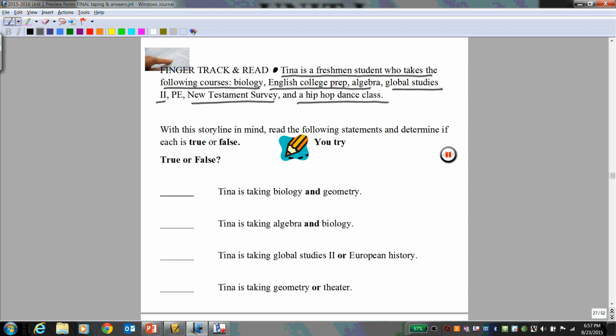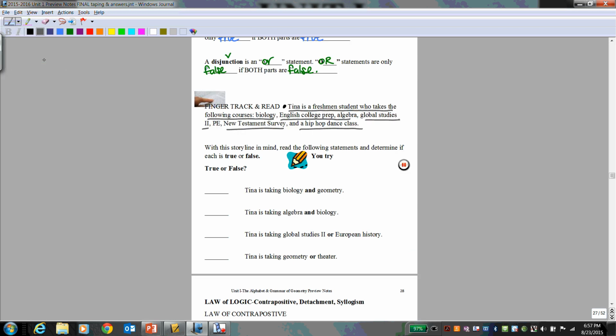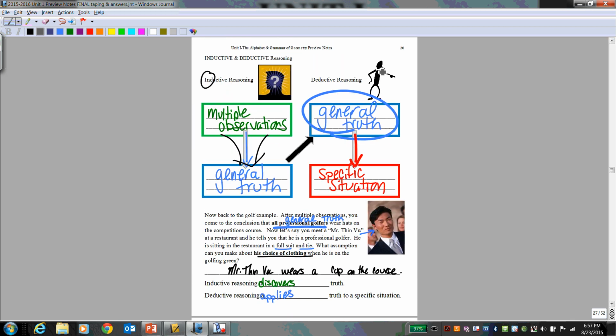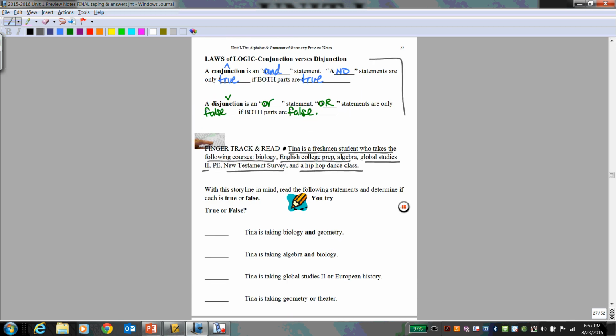Ready? Knowing what you know about conjunctions and disjunctions, and I'd rather you just wildly guess and we'll go over it, I'd like you to determine whether these four statements are true or false. Pause, work, restart.